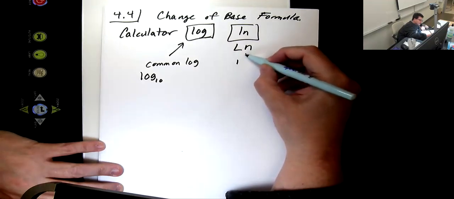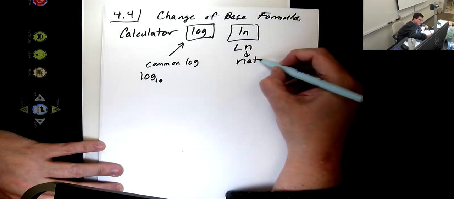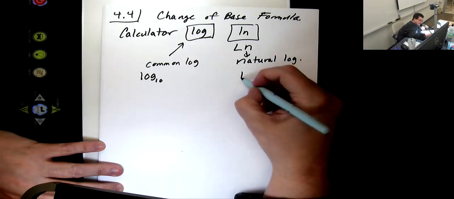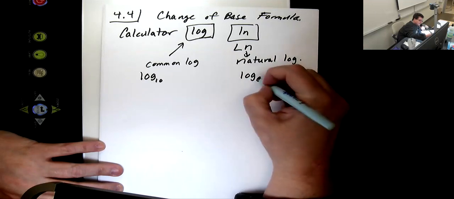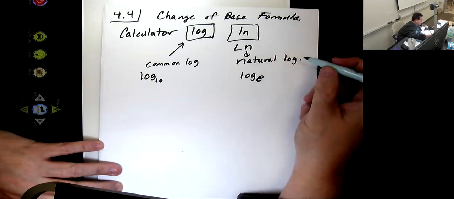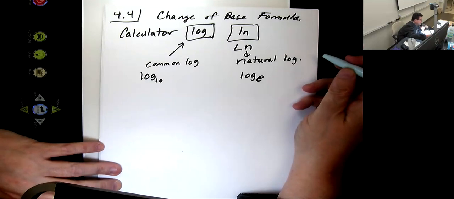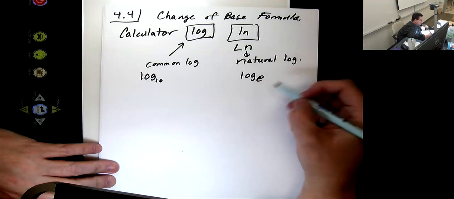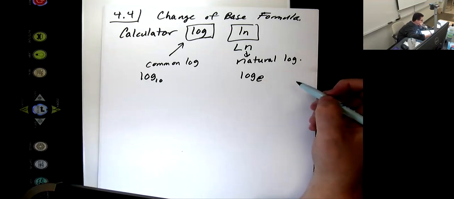This is the natural log, and it means log base E. We don't ever write log base E after introducing the topic. ln always just means log base E.